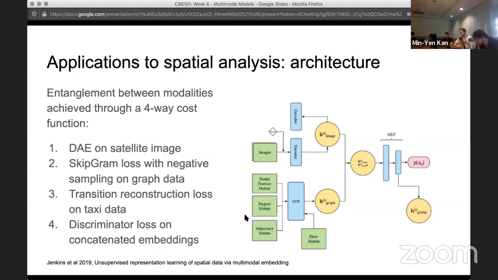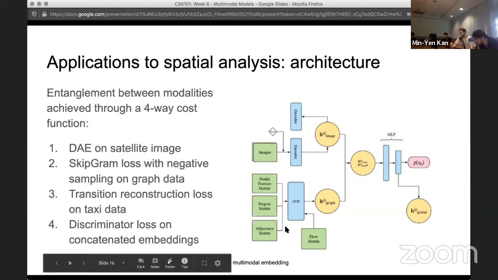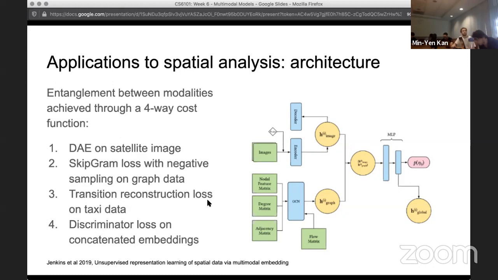They construct another graph that connects each region to the regions adjacent to it. And then they run a convolutional neural network using, like we learned last class, the skip-gram loss with negative sampling to produce a representation of this.